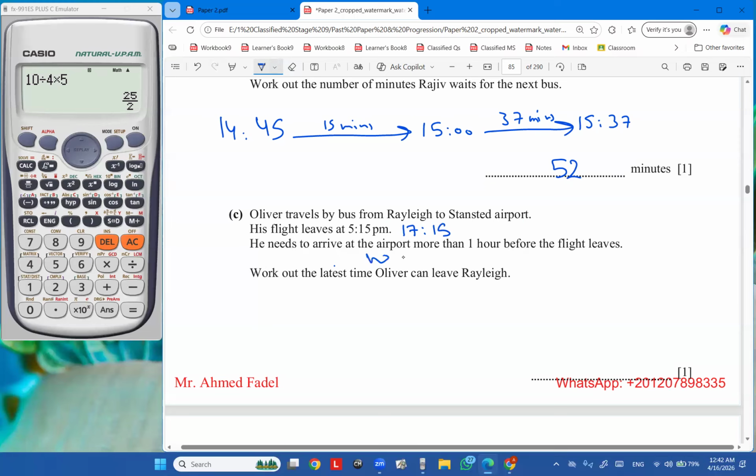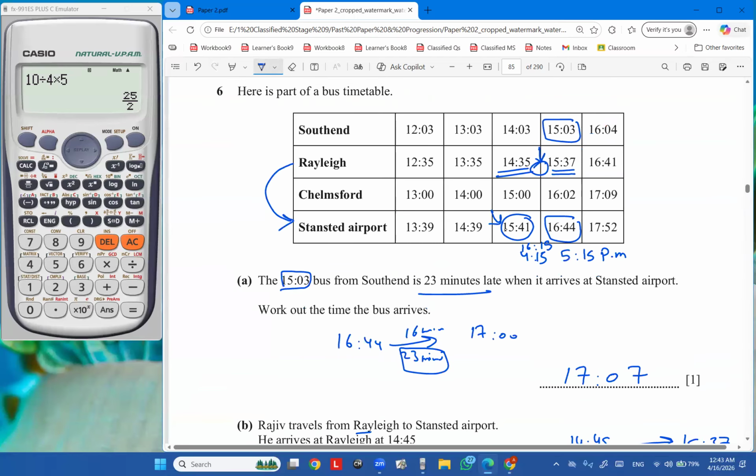So he needs to arrive at the airport before 16:15. So let's go up and see about this. Before 16:15. All right, here you go. You're gonna find that the first time that is before 16:15 is this one.